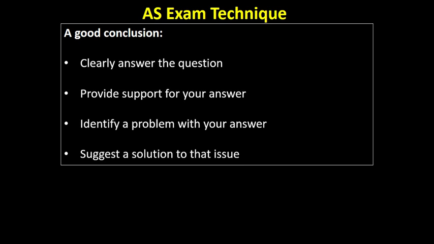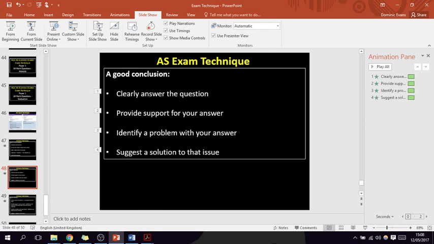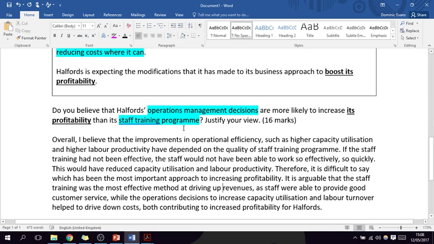I'll look at some other questions, because actually this particular question that we were looking at on last year's one, I've done an interesting conclusion which we'll have a look at now. The question is, do you believe that Halfords' operations management decisions are more likely to increase profitability than its staff training program?